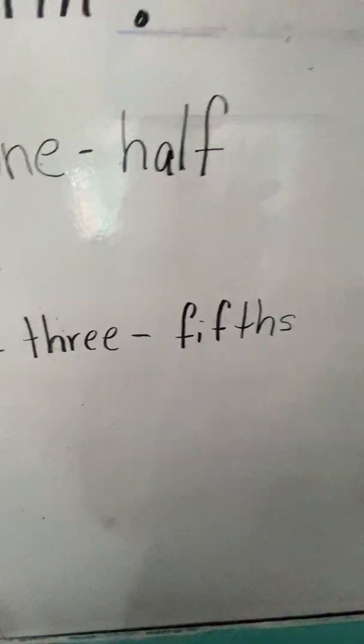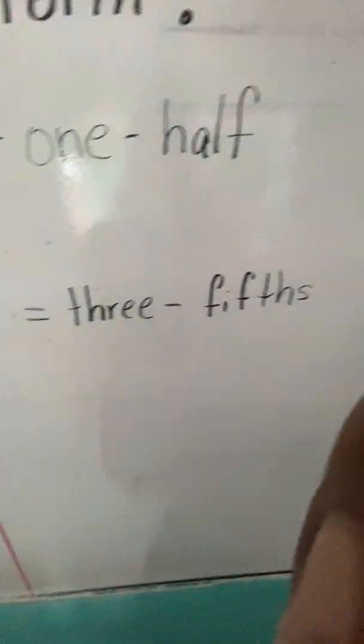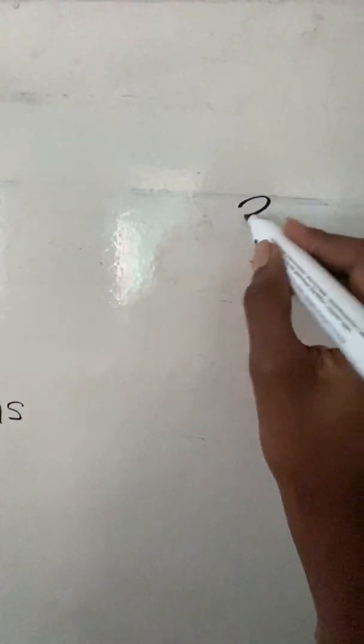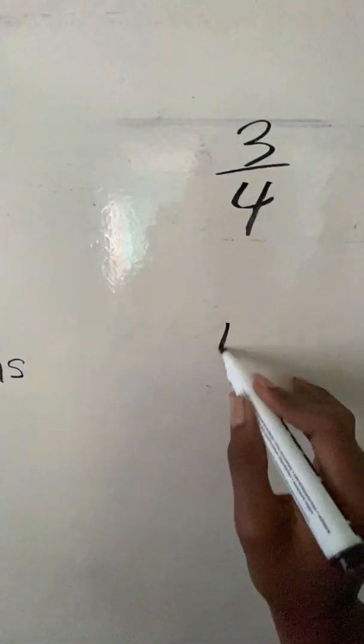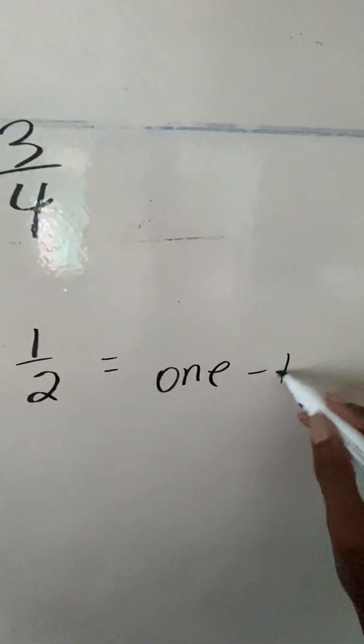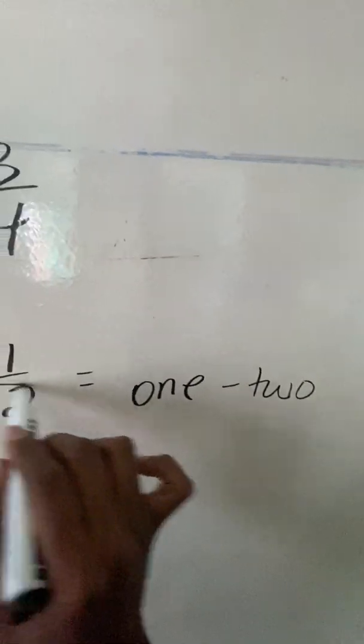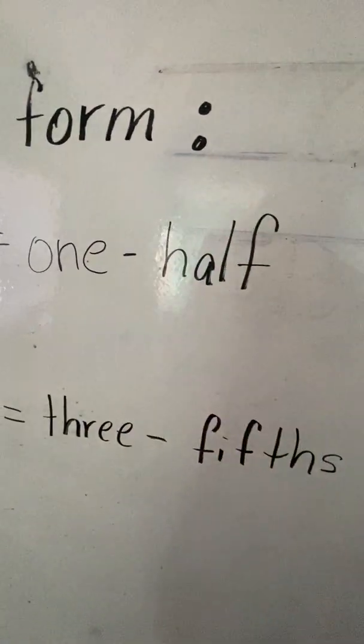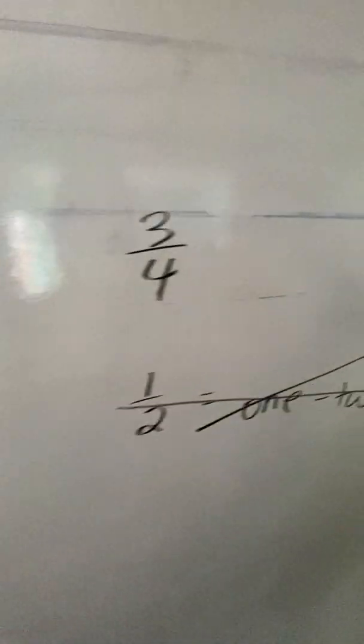So some common mistakes that I'm seeing is that people are writing their fraction in word form, for example, like this. They're writing one-two, and this is not the right way. It will be one-half. Use your notes so that it can guide you.